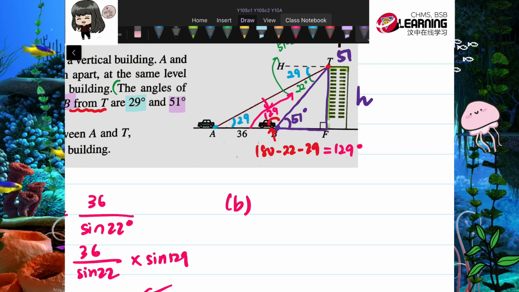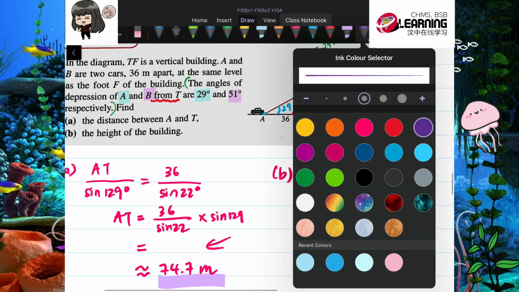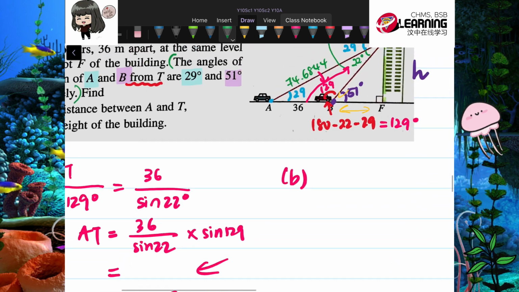You can use 180 minus 129, or you can use the alternate angle Z. But then we don't have any length here, we don't even have length TB. So we don't use that. What else do you see? Don't forget, you already have your 74 point something, the one that is not rounded off. I'll be using 74.6844, the one that is not rounded off from part A.